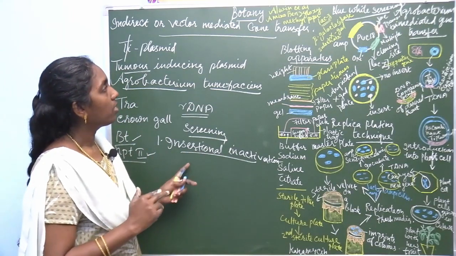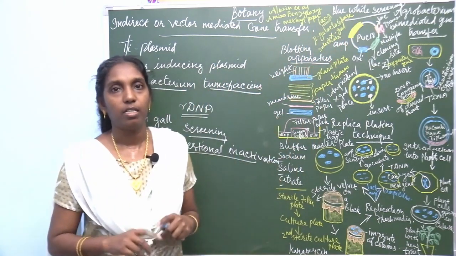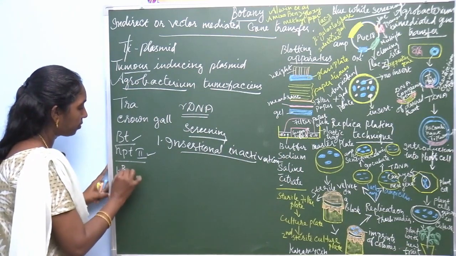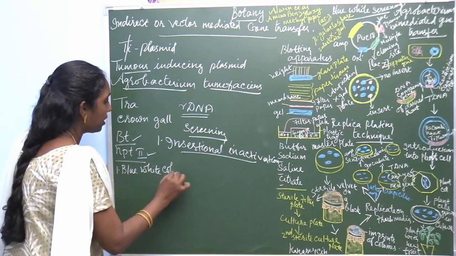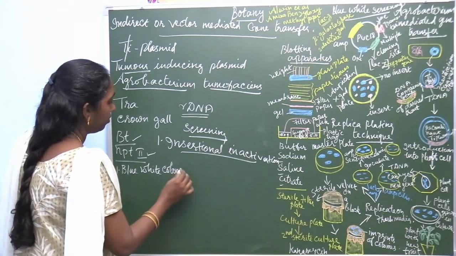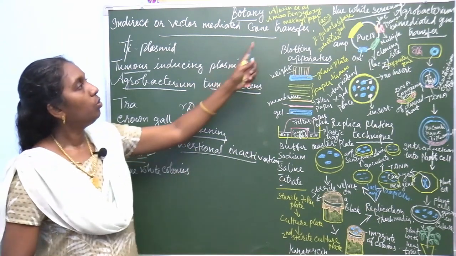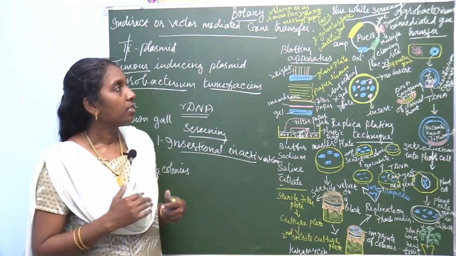One of the methods is called the blue-white screening method, or blue-white colonies. Here there is an enzyme.